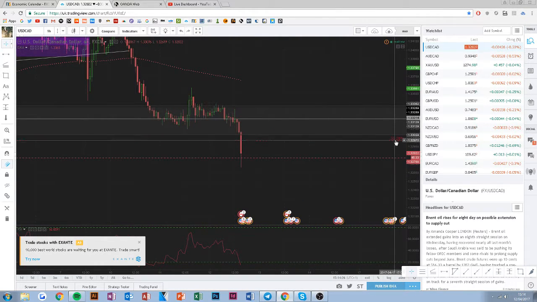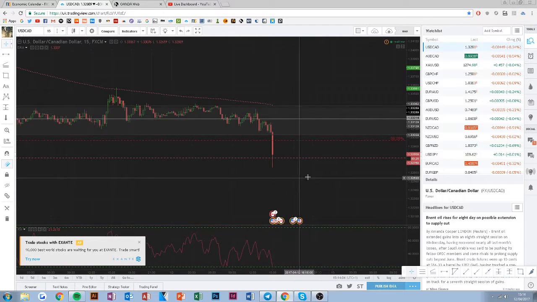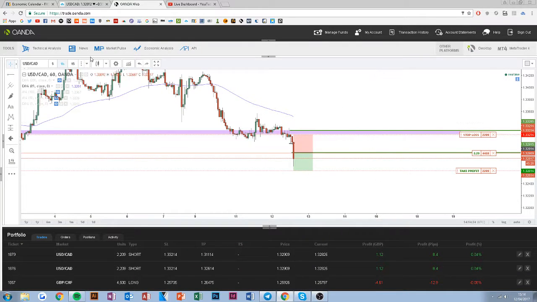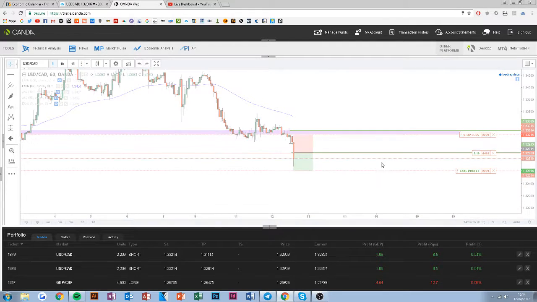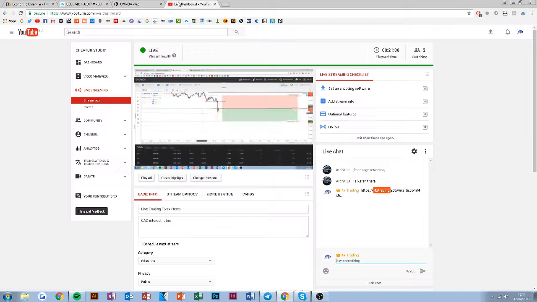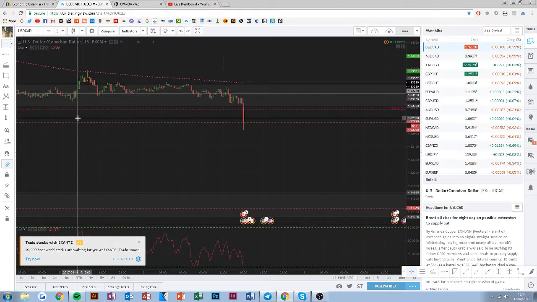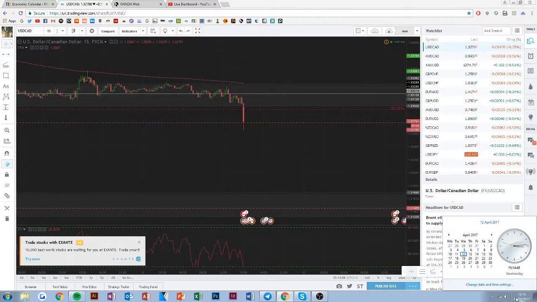Also from this 8.2, because it has come below that now and closed below on the 15 minutes in 30 seconds. So if we can close like this, I'll be really happy. It is coming back down a little bit, but as long as we can close as bearish as this, it should be a good sign for my trail stops. 10 seconds left, or 6 seconds even.